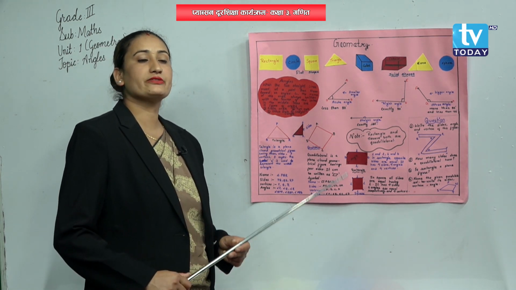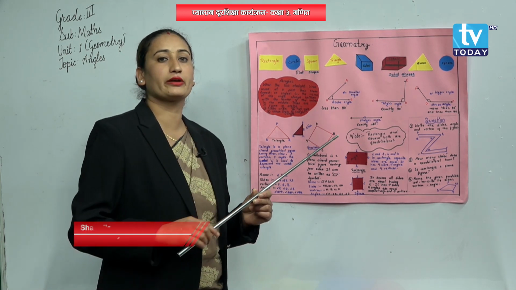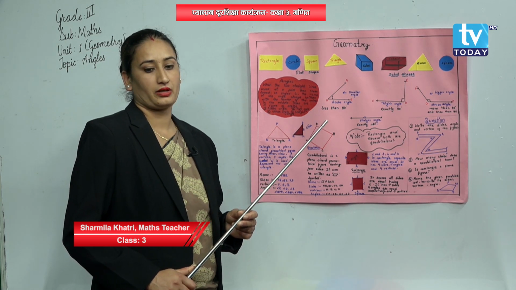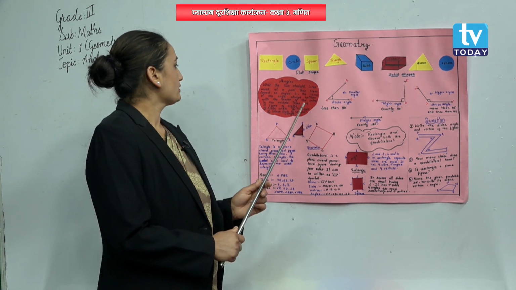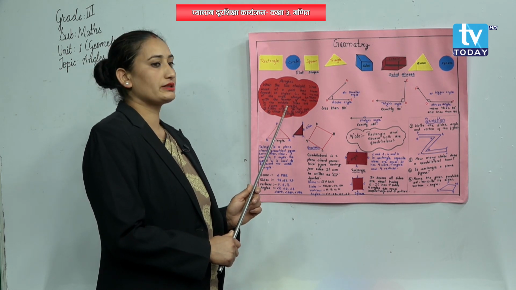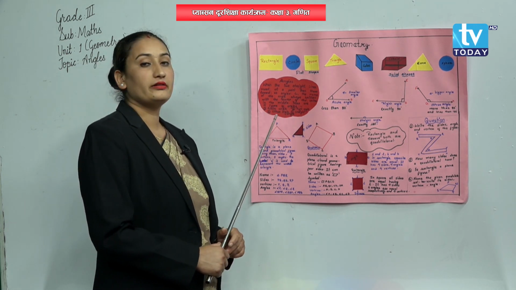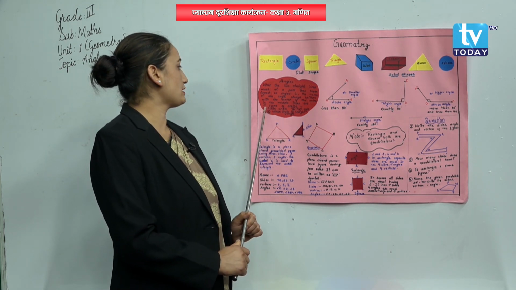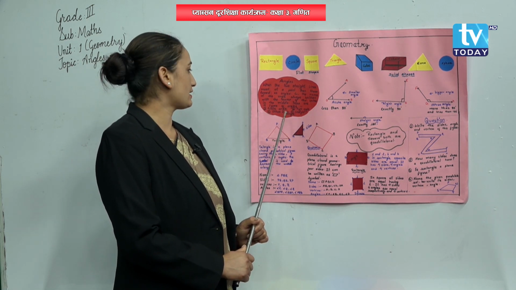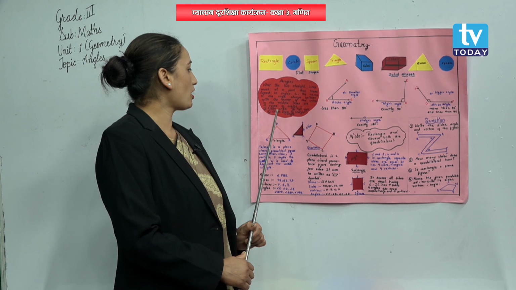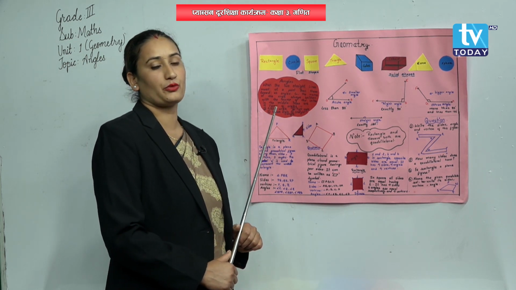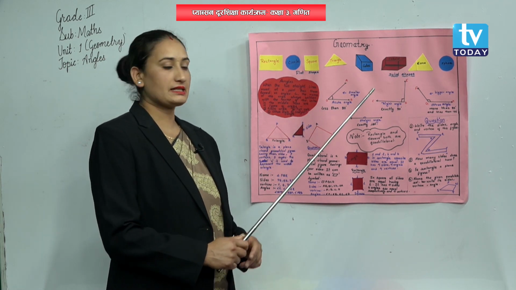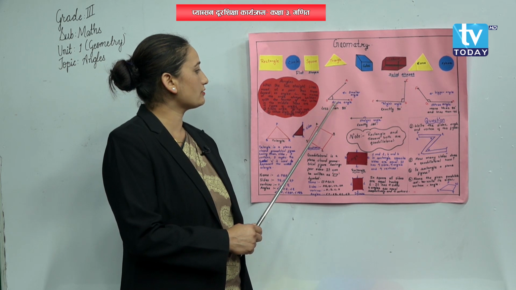The name of the angle is always written with a name. There are 4 types of angles. What are they? First is acute angle, second is right angle, third is obtuse angle, and fourth is the straight angle. Over here I will show you how these angles are made.